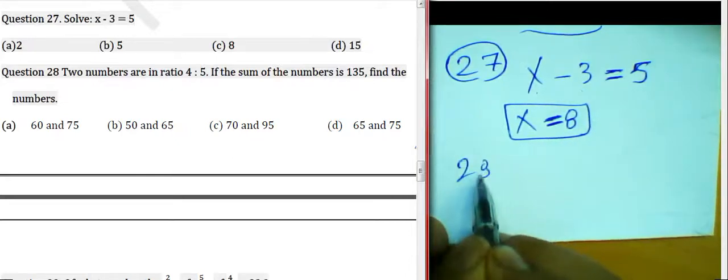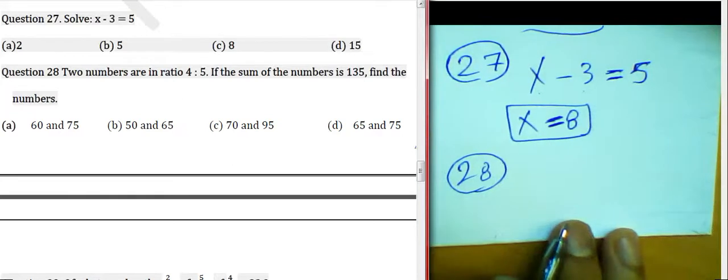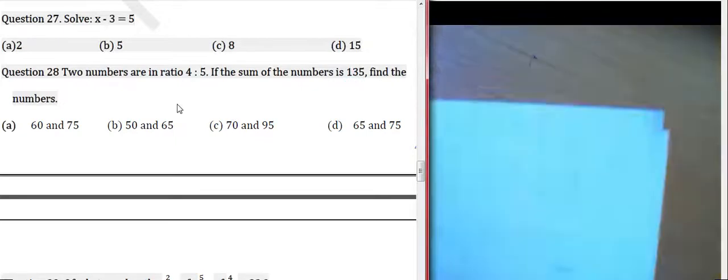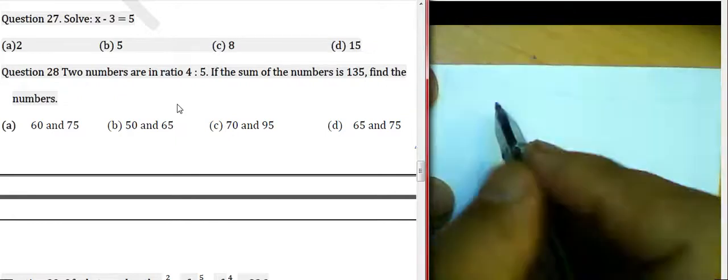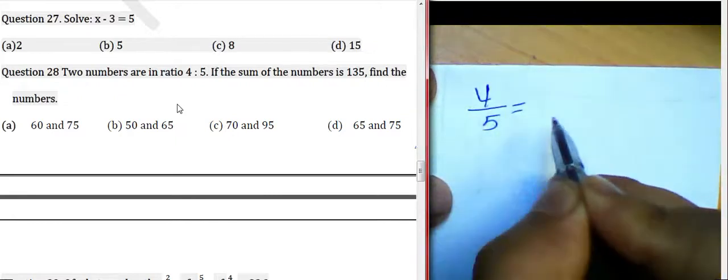Question 28. Two numbers are in ratio 4 to 5. If the sum of the numbers is 135, find the numbers. Okay, in this example, we want to find what? The ratio 4 over 5 equals what?